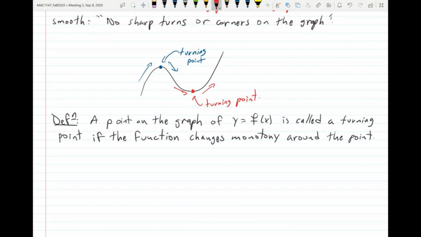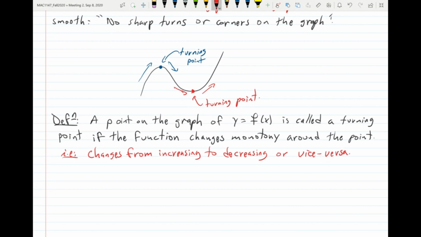So in other words, changes from increasing to decreasing or vice versa. From increasing to decreasing or the other way around. So that's what a turning point is.